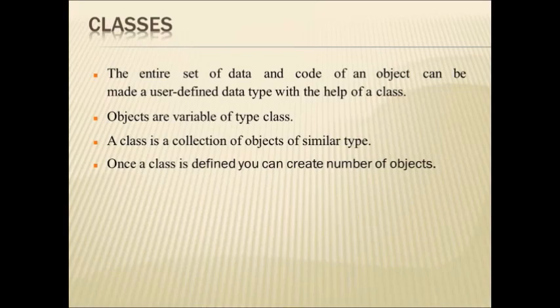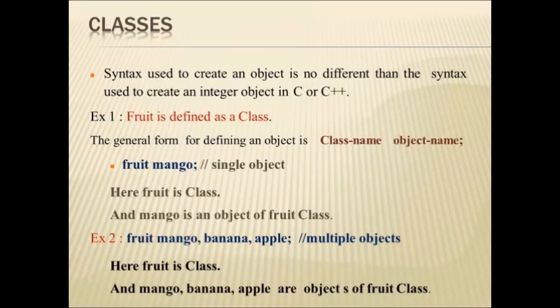The syntax is similar to a normal variable. That is, int a. A is a variable of type integer. How to define an object? The object is defined by using the class name, space, object name.